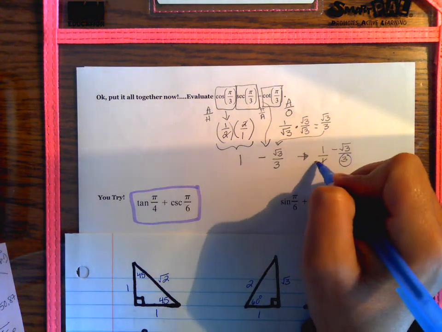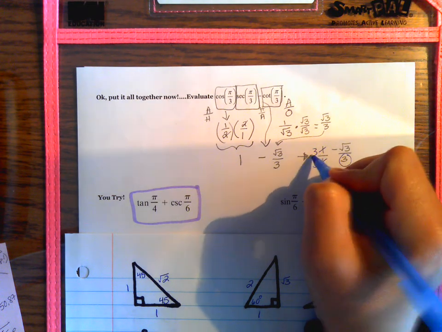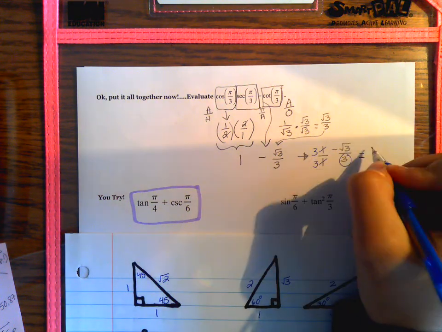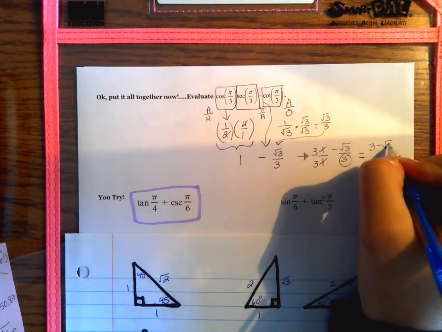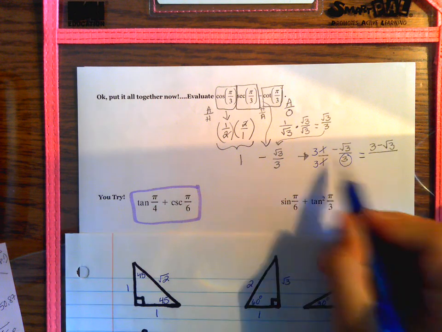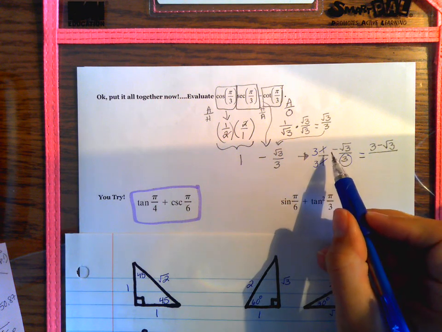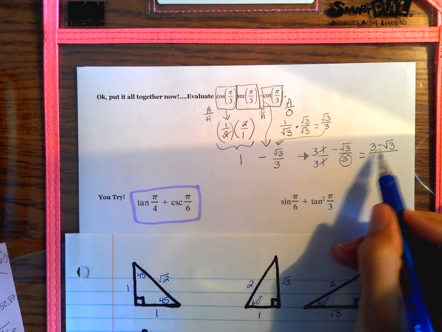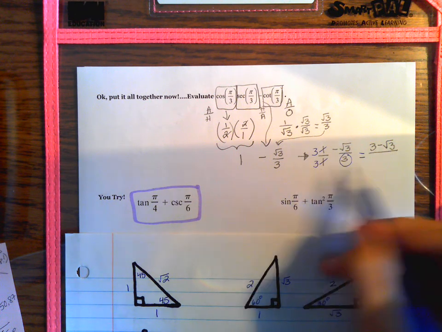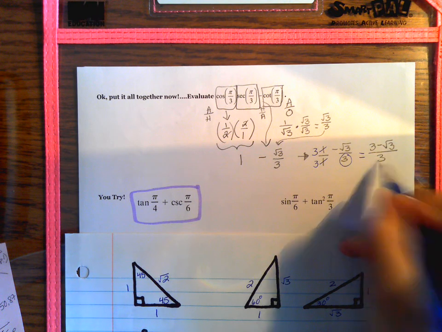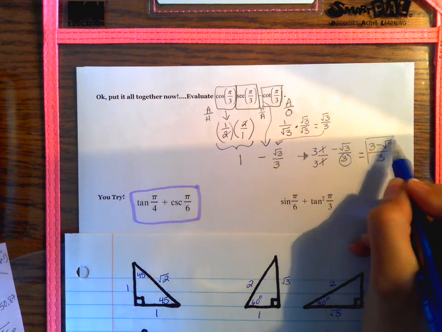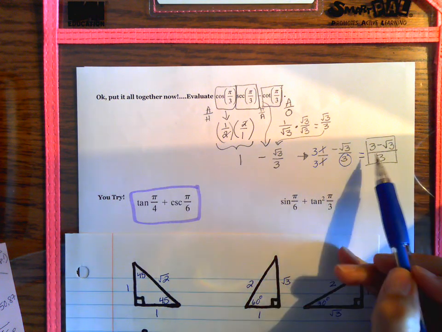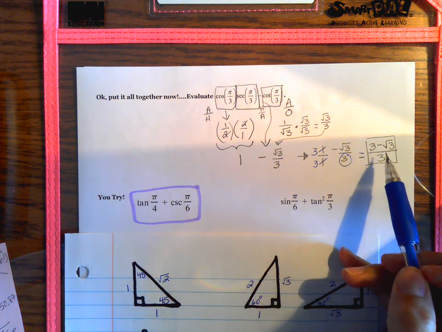So I multiply this by 3 and this by 3, and that is going to equal 3 minus radical 3. I cannot put those together because one's a radical and one's a 3. They're not like terms, so I can only connect them with a minus sign. So 3 minus radical 3, and then you slide over your denominator. Now we just have a common denominator.